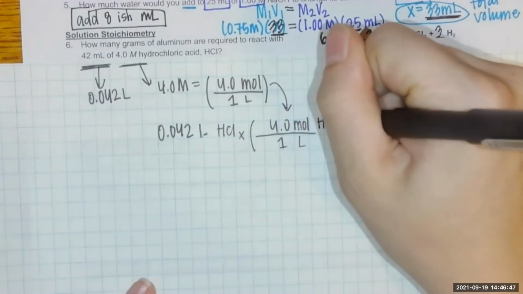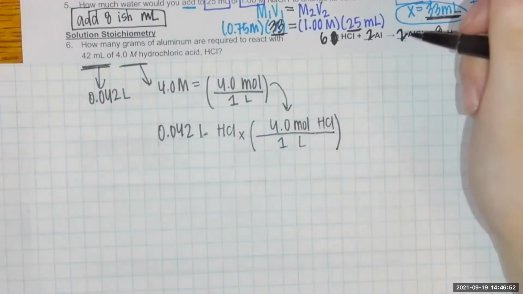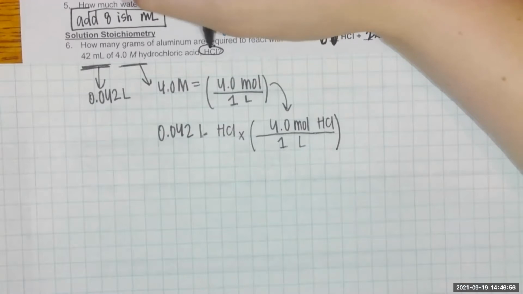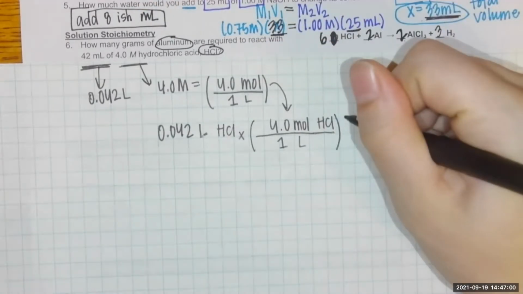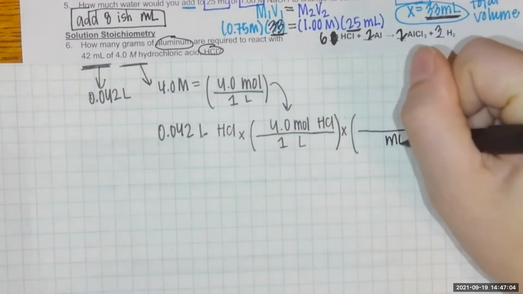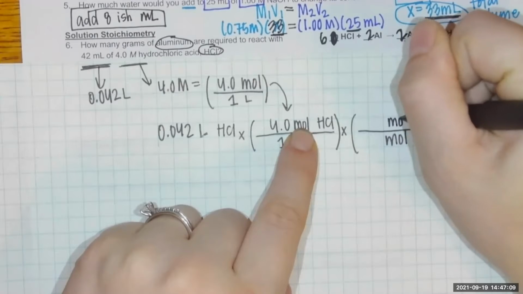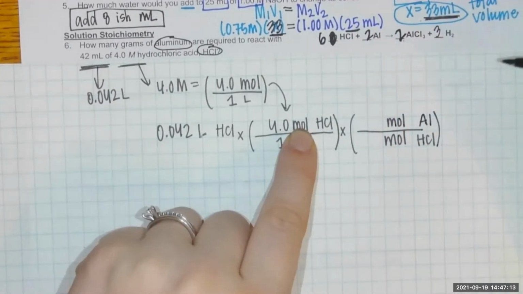Again, this is still the HCl we're working with. Trying to figure out how much of the HCl is going to react with the aluminum. So that's my middle chunk. I've got to switch from moles of HCl to moles of aluminum.